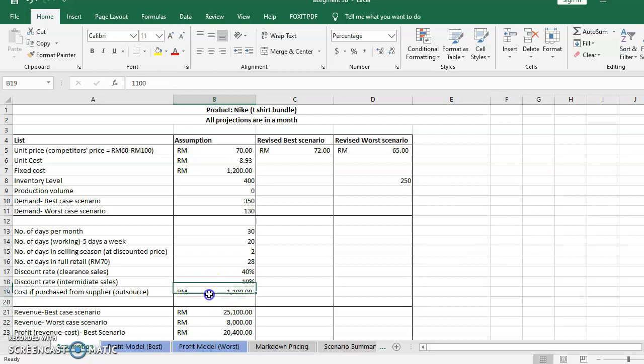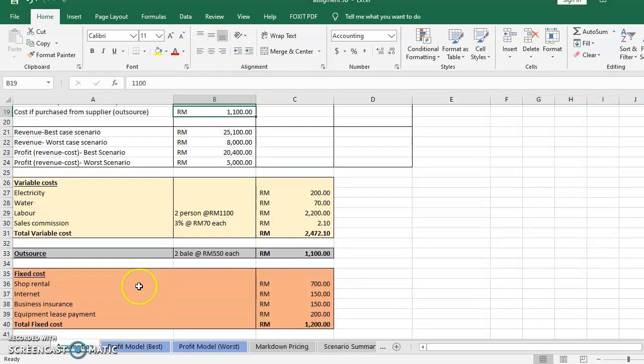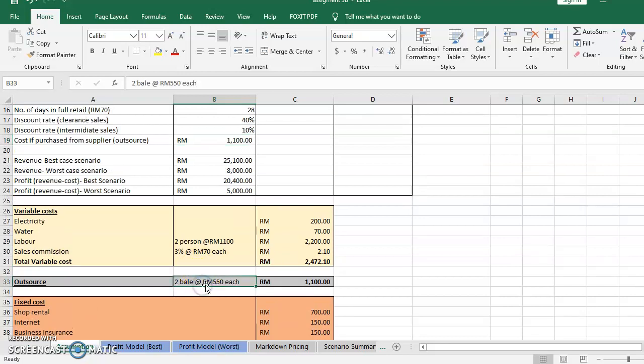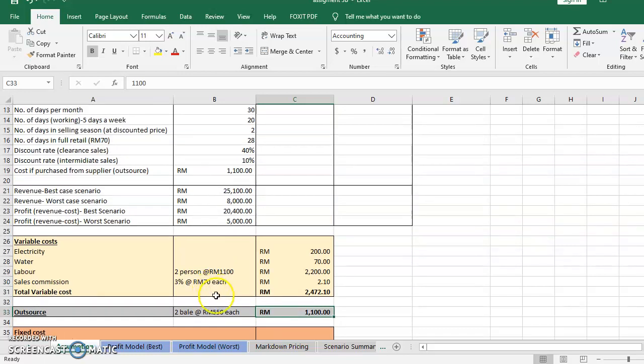The cost that I outsource is a total of 1,100, which is the purchase of 2 bales at a price of 550 ringgit each, totaling 1,100.